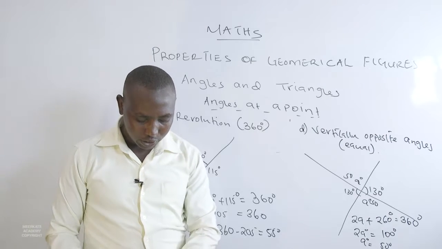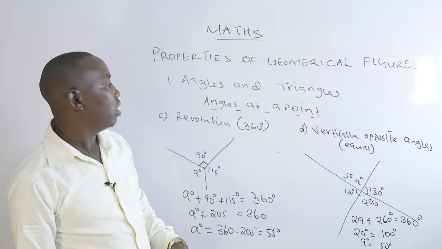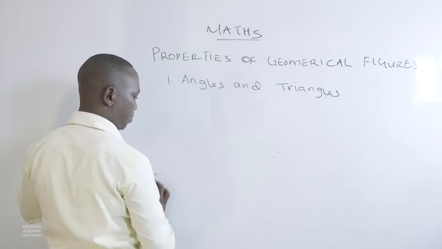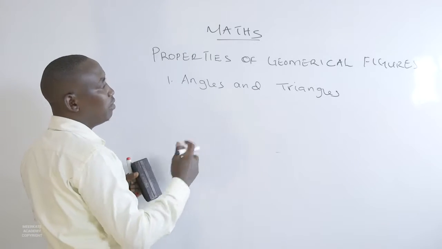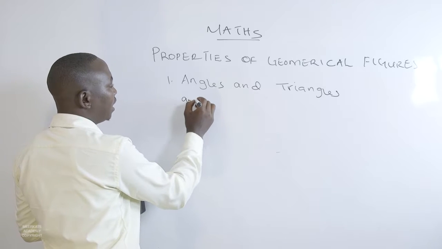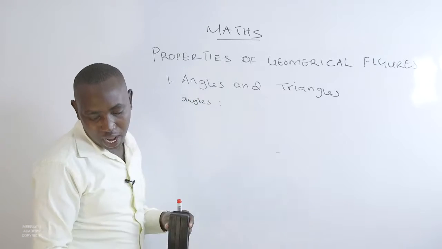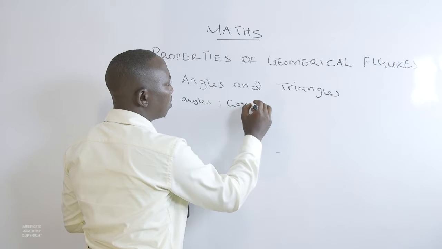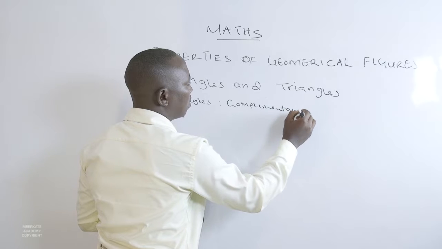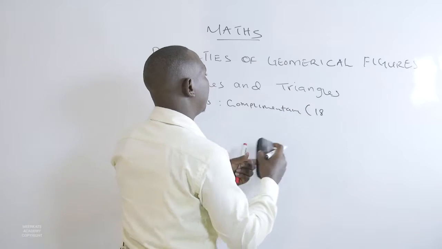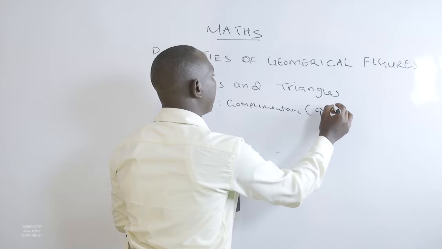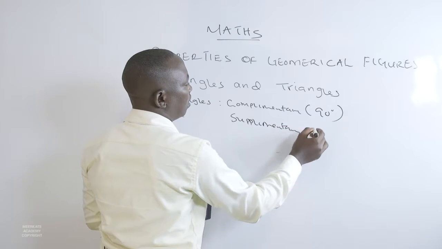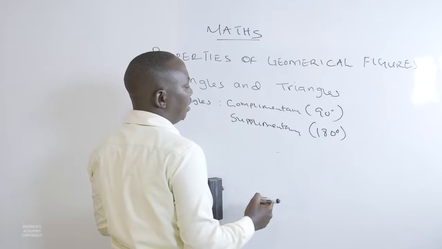We now want to proceed and look at triangles. But maybe before we reach there, on angles we have said we have the four main types: complementary, they add up to 90 degrees; supplementary, they add up to 180 degrees.